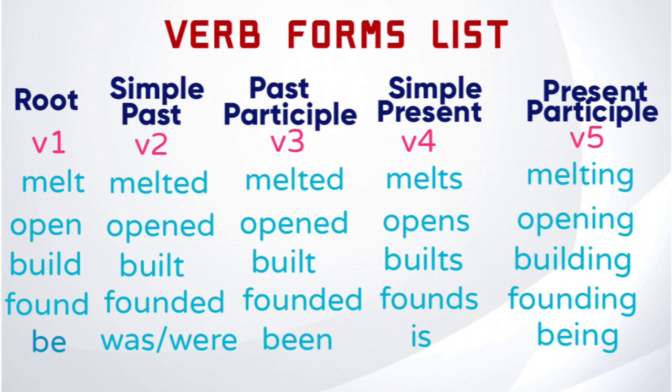And the last is be. V1 becomes was or were in V2, been in V3, is in V4, and being in V5. So forms of verb is nothing but one root word creating other forms of verb by conjugation.